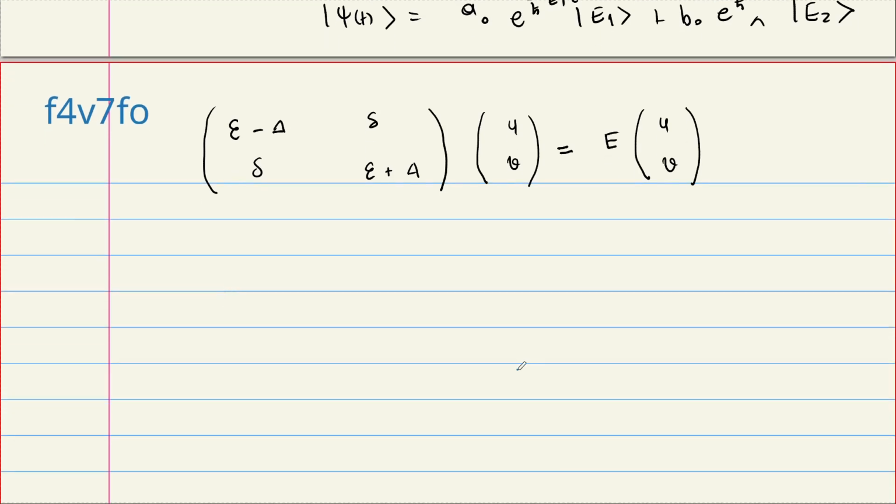So I think you can do it your usual way: you put minus lambda here and minus lambda here, and take the determinant. Let me just show you an alternative, just in case you never heard of it. So there are two eigenvalues, E1 and E2, and this is H. What is the trace of any matrix in terms of eigenvalues?